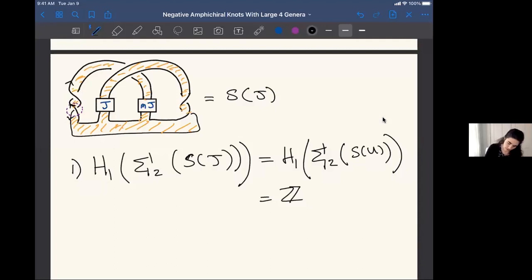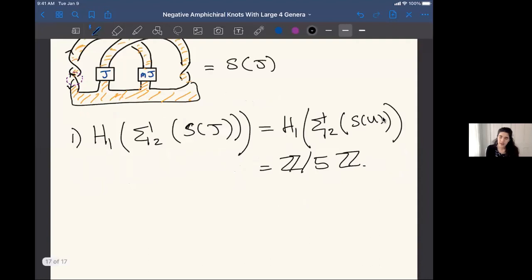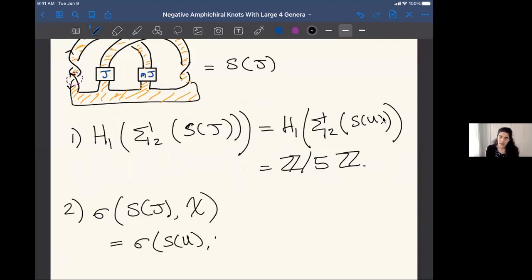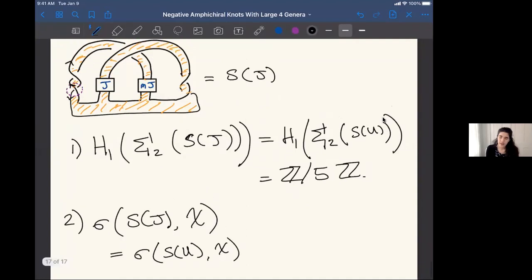So the second thing we need to know is what is the Casson-Gordon signature of S_J with respect to one of these characters. It says that first you're going to get a contribution of negative 1/5 if it's non-trivial, or 0 if it's trivial. And now both J and the mirror of J are going to contribute pieces.